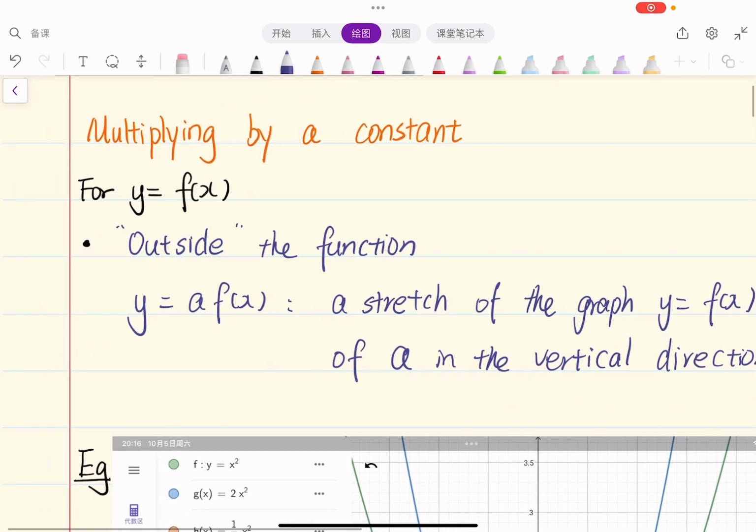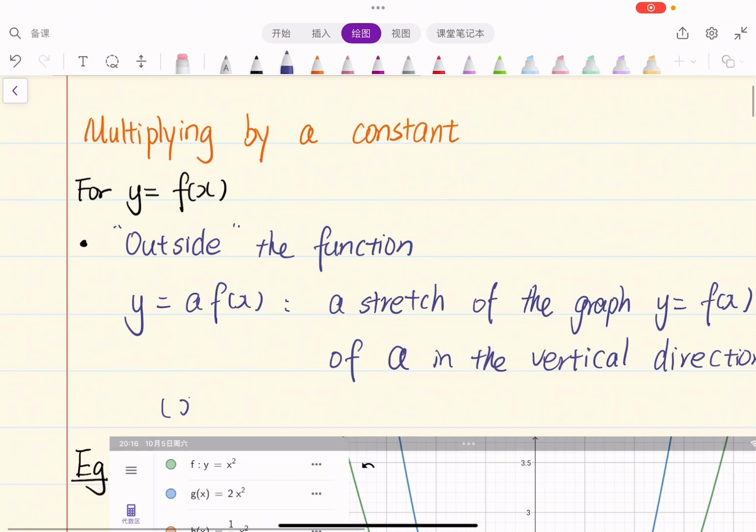It means that if you have the point (x, y), after you stretch it, it becomes (x, ay).